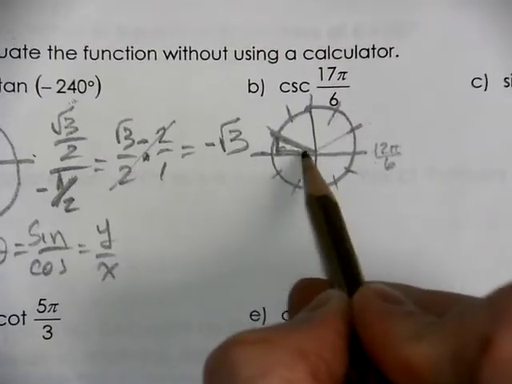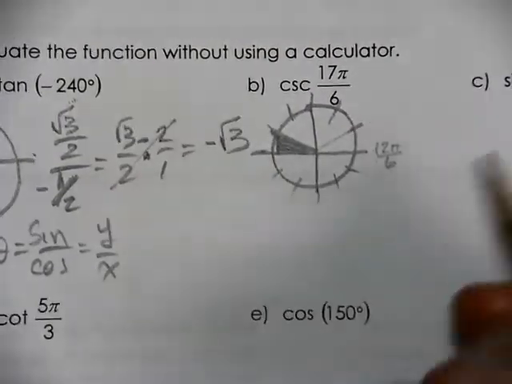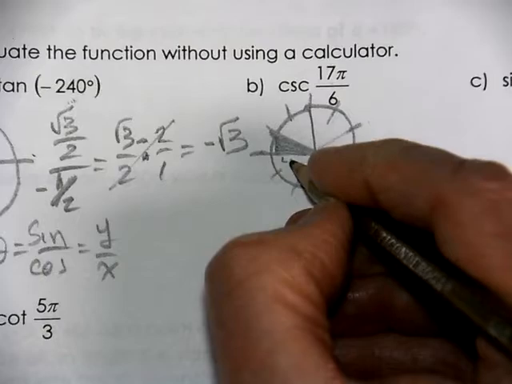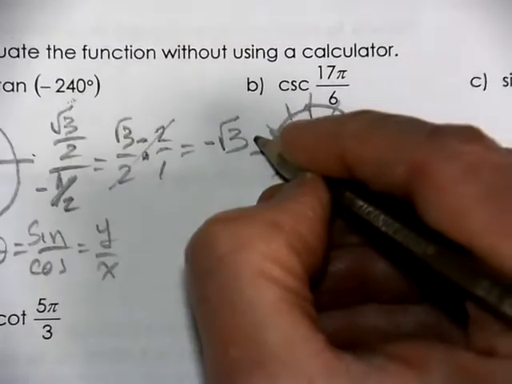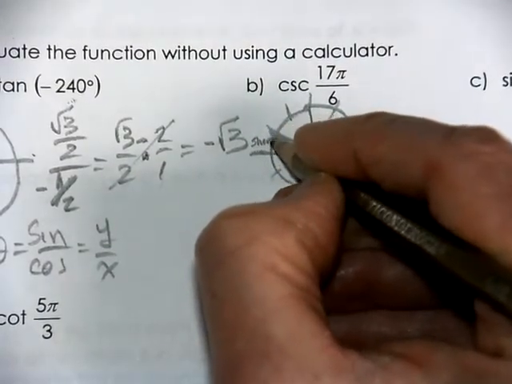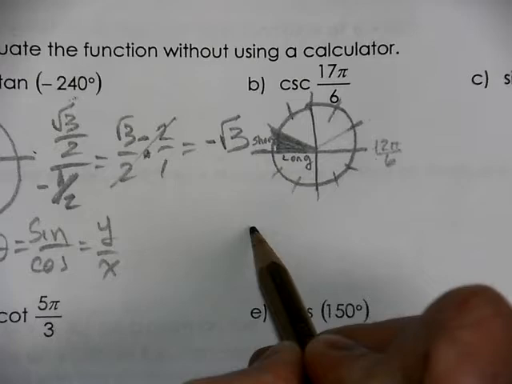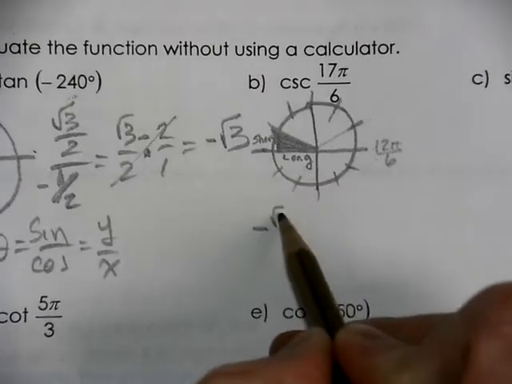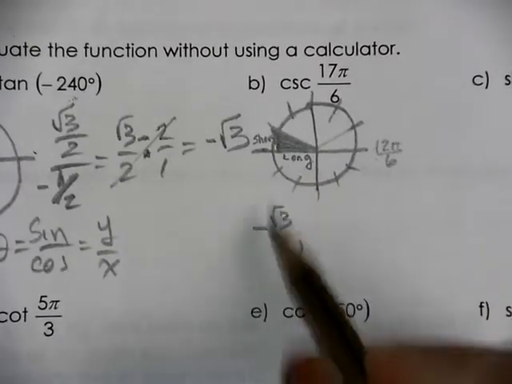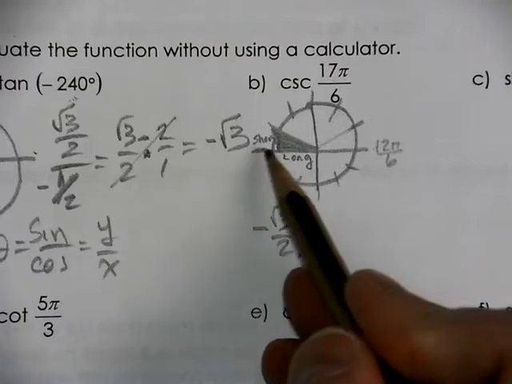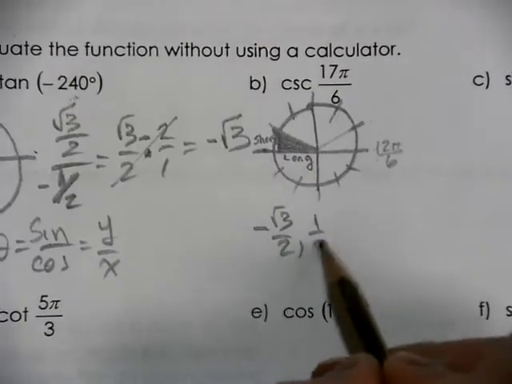Notice the triangle that is formed. The triangle that is formed has a long leg and a short leg. If you have a long leg and a short leg, you know that the coordinate's going to be negative root 3 over 2, because that's the long number. That's the largest one. And the short is always a half.